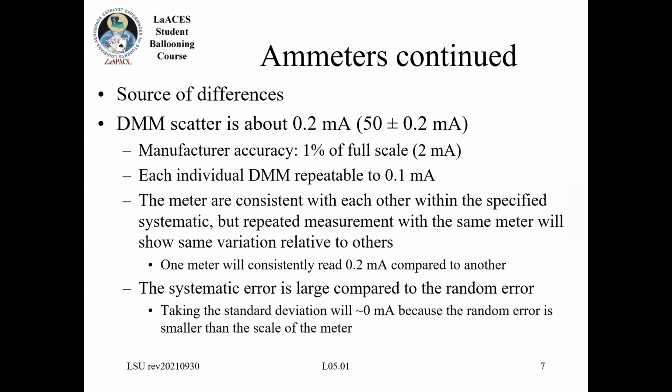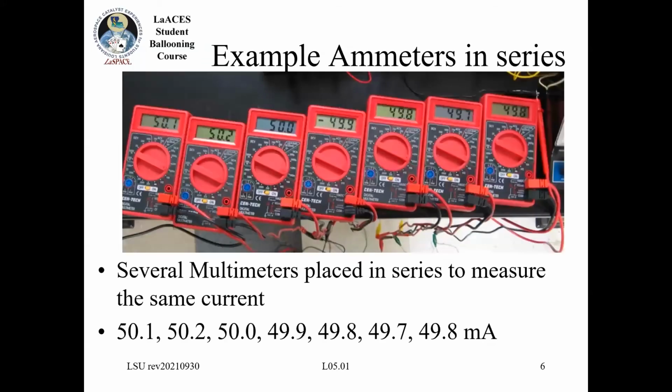So why do they not all read the exact same thing? Well, if we look at the accuracy from the manufacturer, they're going to say for this particular multimeter it's only 1% of full scale. And if you go back, it's a little hard to read, but that's the 200 milliamp scale.